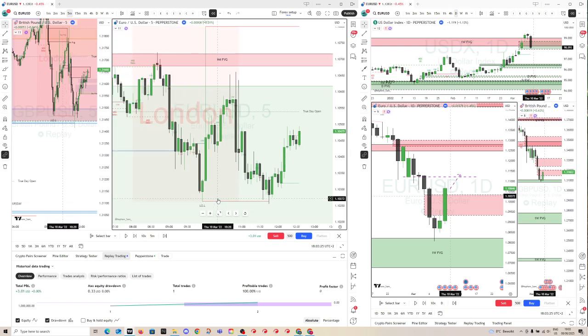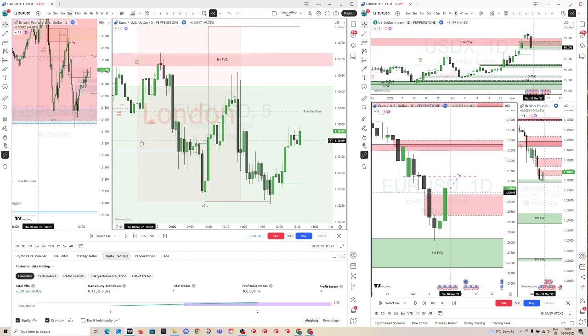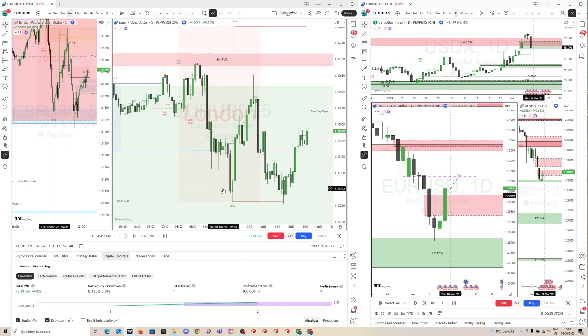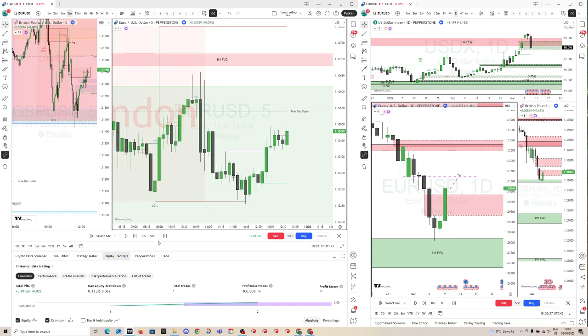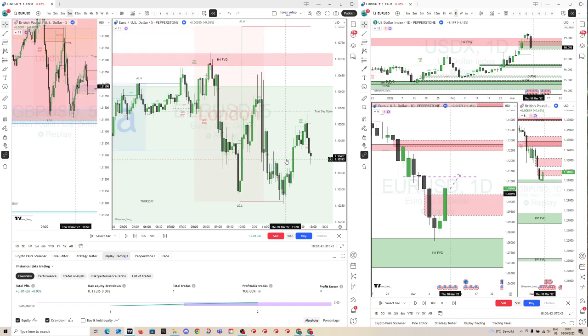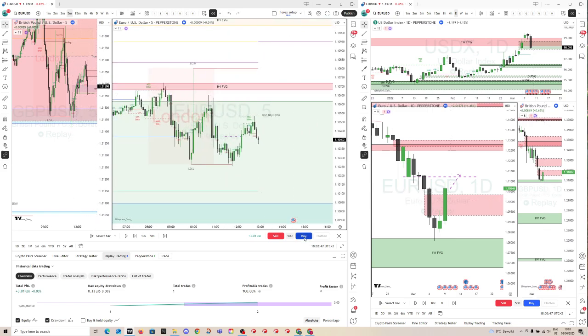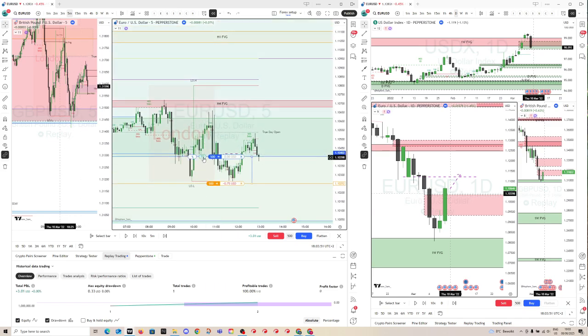Now we do have a market structure shift, which will appear shortly, I think. There it is. So I would definitely say, okay, this is a reason to go for a long. So I just press buy.